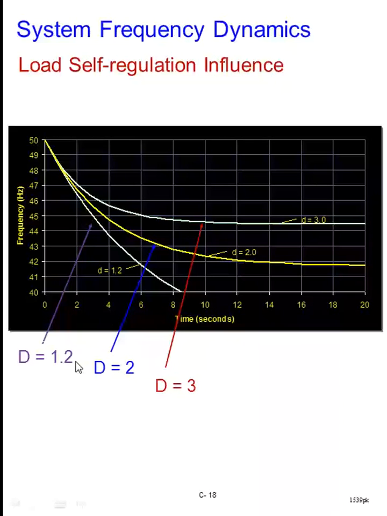But if you have a higher D, let's say most of the load connected to the generator is of induction motor type, rather than lighting loads, because lighting loads are static loads, then you will see that the drop in the frequency is slower.